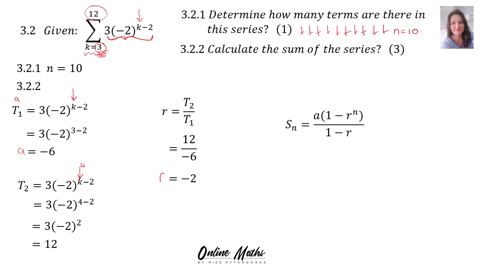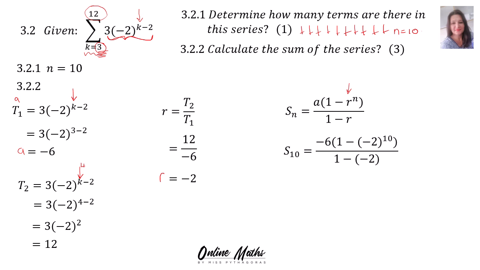Now we have a little series. So now we can say the sum of this series, I used this formula. Remember, when r is a fraction, you will use the other one. So now you must just be careful when you substitute. Have a look. a's value is -6, r's value is -2, and n's value is 10, remember from the previous one.